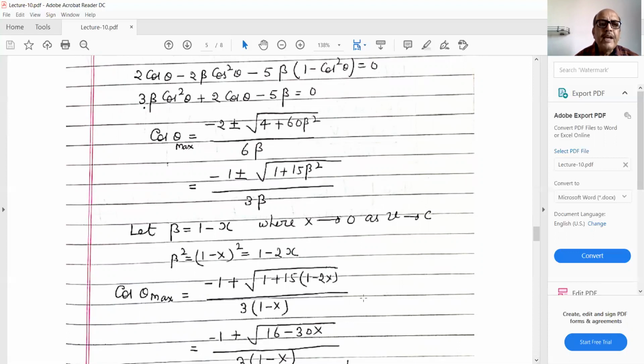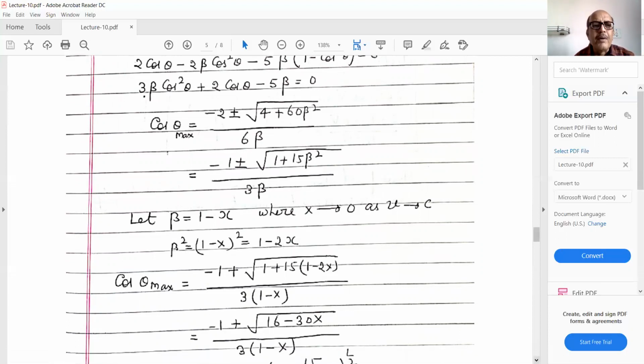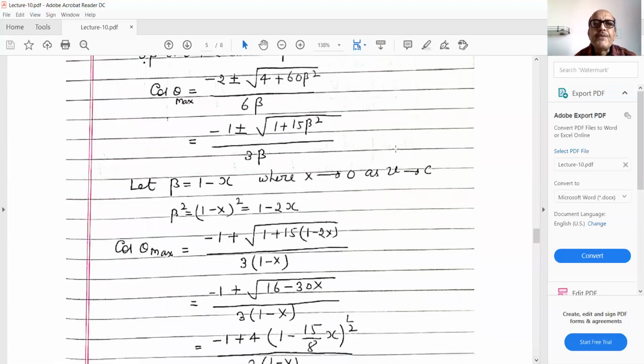In order to find the value of beta square, we can make use of the binomial theorem. So beta square is (1 minus x) square, so it is 1 minus 2x. There will be terms corresponding to x square also, but we ignore them. We throw them away. So we have substituted beta square here by 15 into (1 minus 2x).